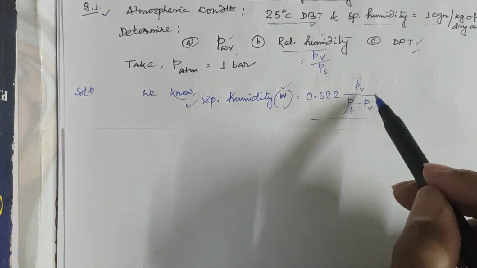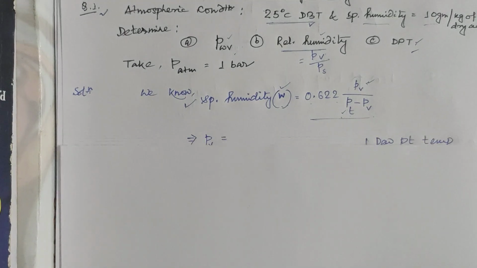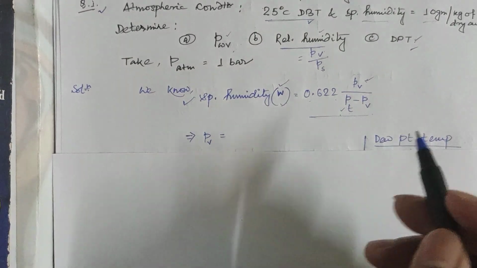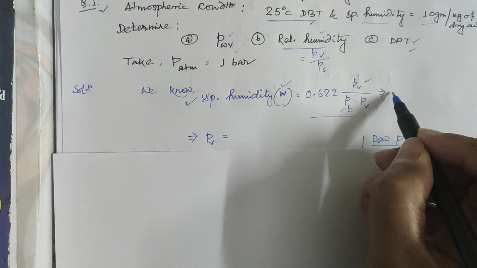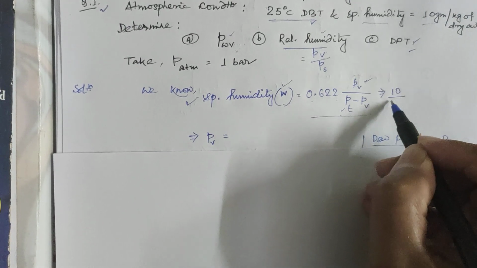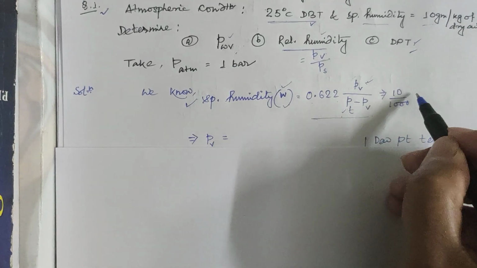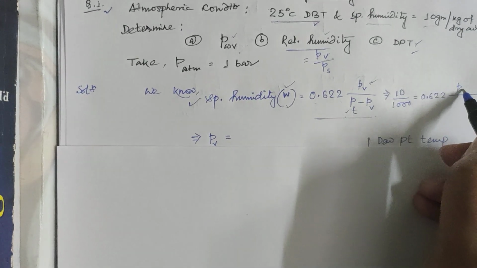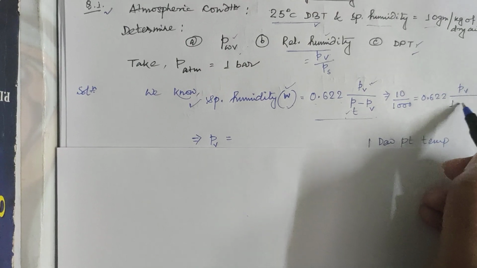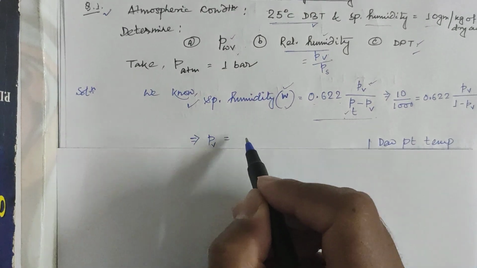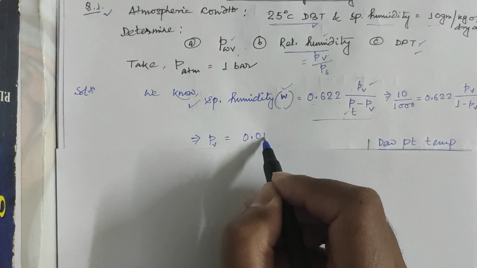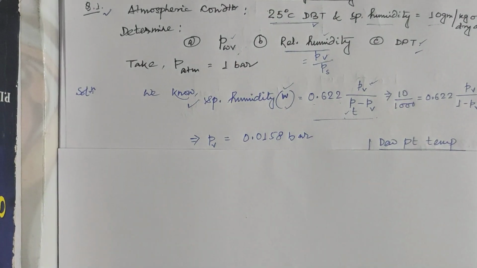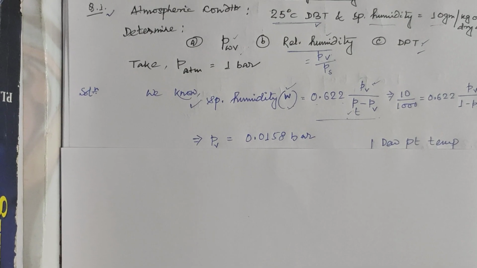So we can find the unknown PV. Writing 10 gram as 10 by 1000 kg, we get 10/1000 = 0.622 PV divided by (1 minus PV), and the calculated value of PV will be 0.0158 bar.